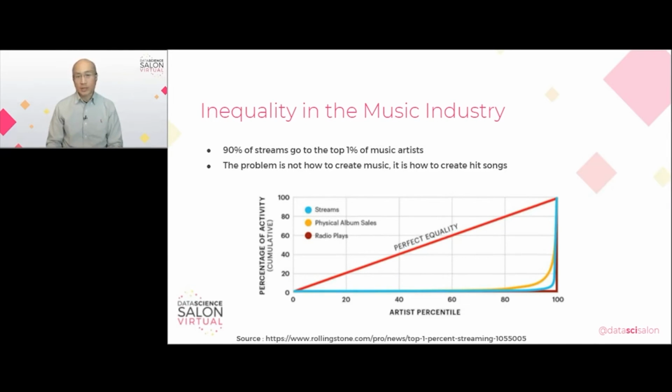So based on the music industry trends, we can observe that when we're trying to create music creation tools, the problem really is not how do we create music, but rather how do we create hit songs, or how do we create tools that enable artists to write hit songs.